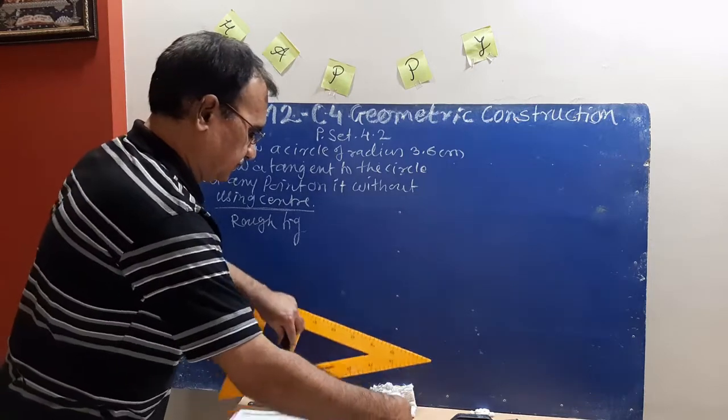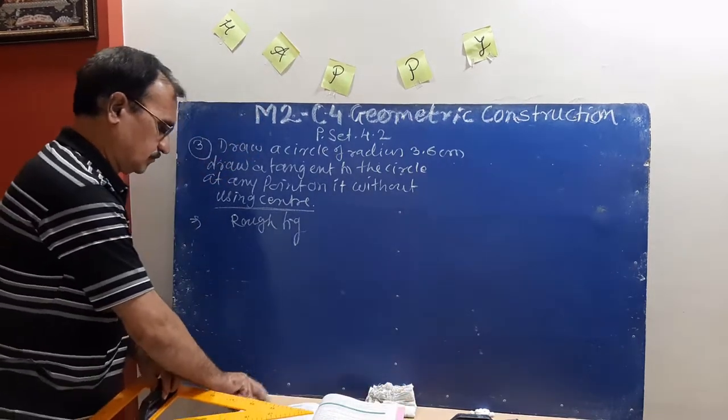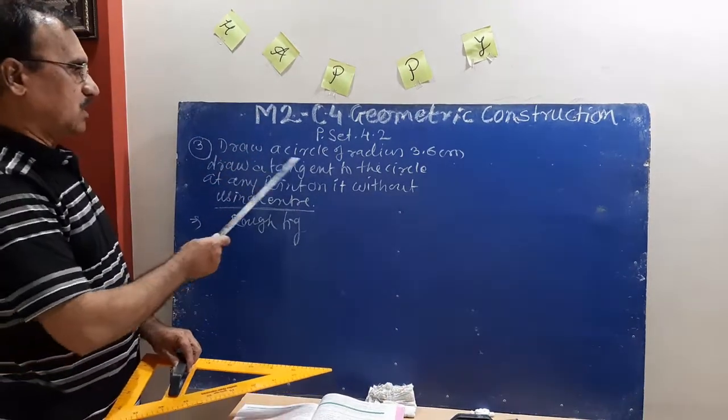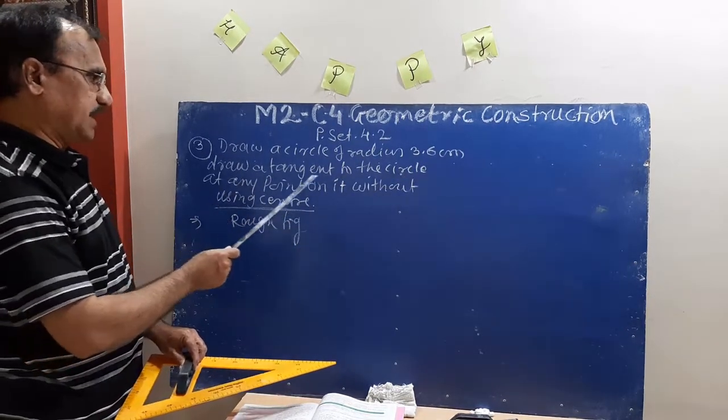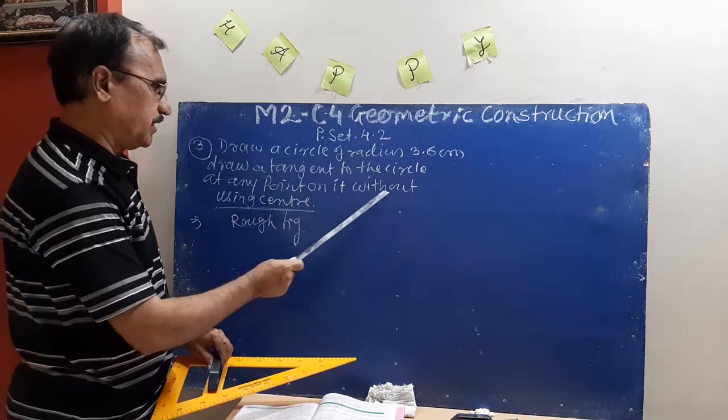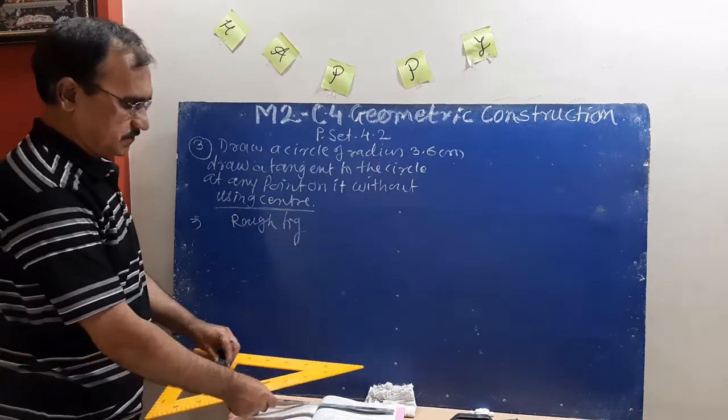Here, draw a circle of radius 3.6 cm. Draw a tangent to the circle at any point on it without using center.